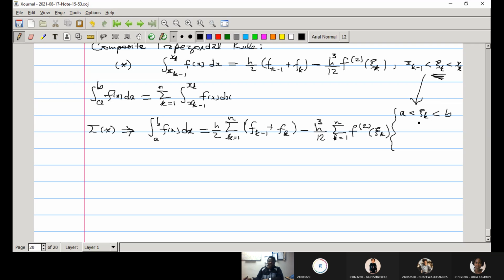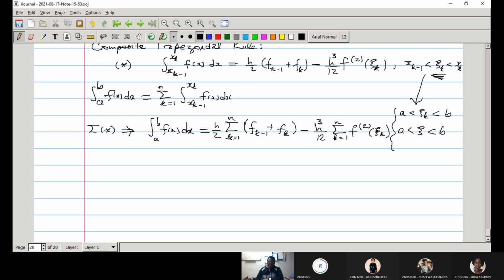Now, among all these psi k, for the entire summation, if I look at the summation like this, I can write this. I can find a psi between A and B such that this will be true, right? I can find it.